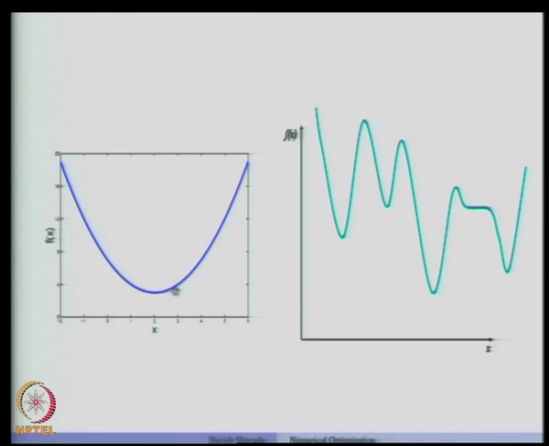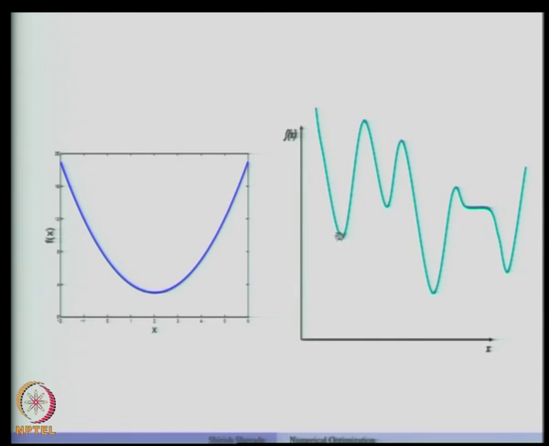Now, on the left side, if you take this point, it happens to be a local minimum of the function, because in the neighborhood the function is increasing. As x increases the function value also increases, or as x decreases the function value also increases. So, this also turns out to be a global minimum. That is not the case for this function.